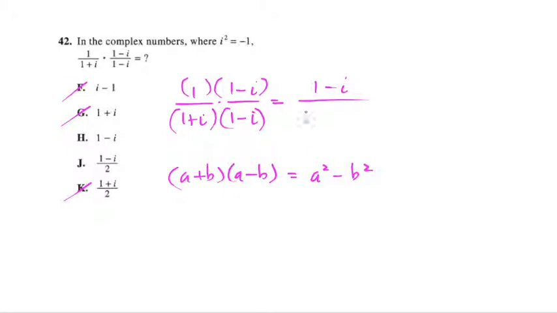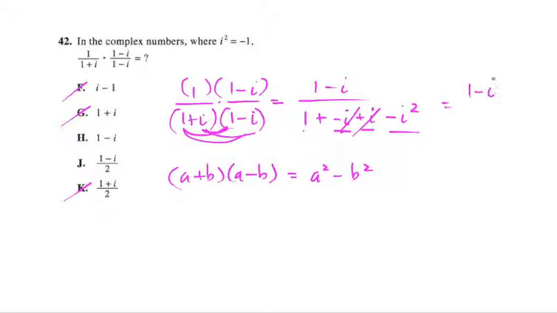This is 1 times 1, 1, plus 1 times negative i, so that's plus negative i, and then inner 1 times i plus i, and then i times negative i minus i squared. So the minus i and the plus i, they cancel out, and all we have is 1 minus i squared.